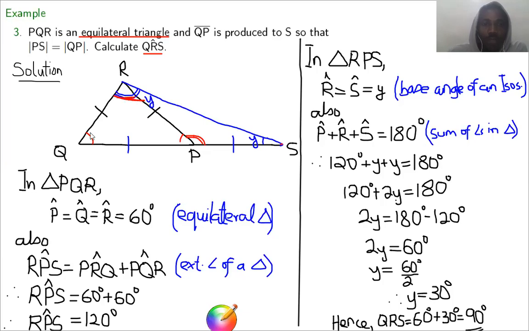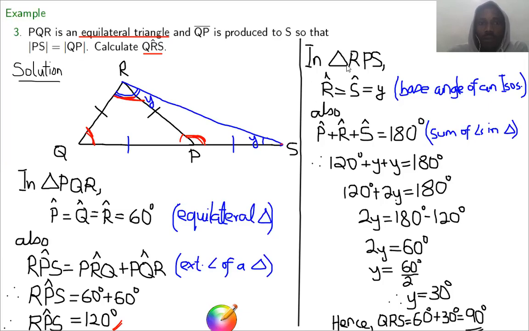Reason: exterior angle of a triangle. That is a very useful theorem: the exterior angle of a triangle is equal to the sum of the two interior opposite angles. Therefore, angle RPS is equal to 60 plus 60, and that is equal to 120 degrees.